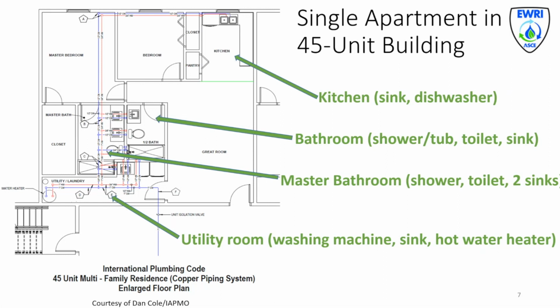And then it also has a master bathroom with a shower, a toilet, and 2 sinks. And then a utility room at the bottom left corner, which includes the washing machine, a sink, and a hot water heater. So we're going to be talking a lot about this, so just want to make sure you're familiar with it as we go through. Next slide, Bill.